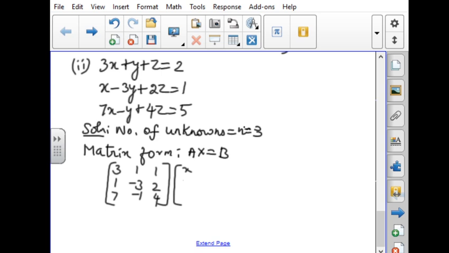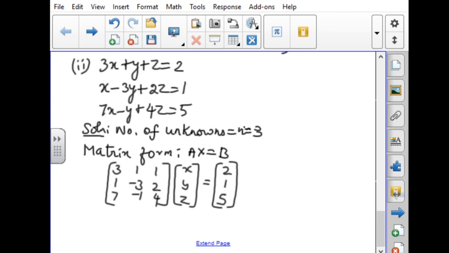X, Y, Z, that is the X matrix, equal to 2, 1, 5. So we have written the matrix form.